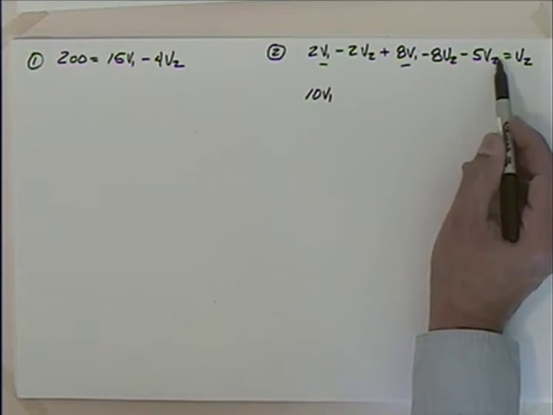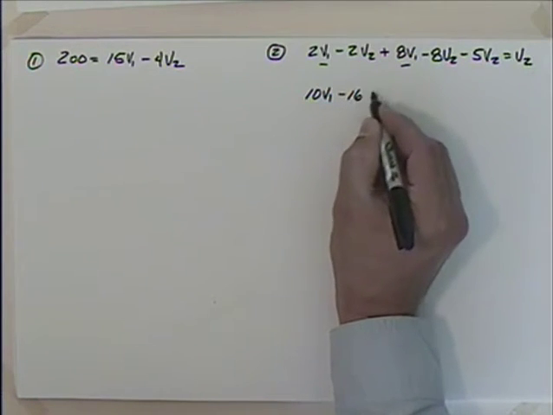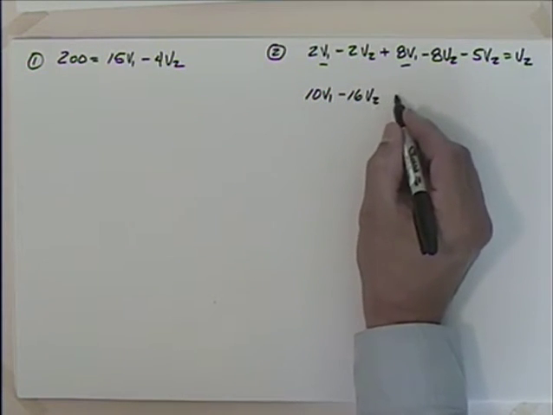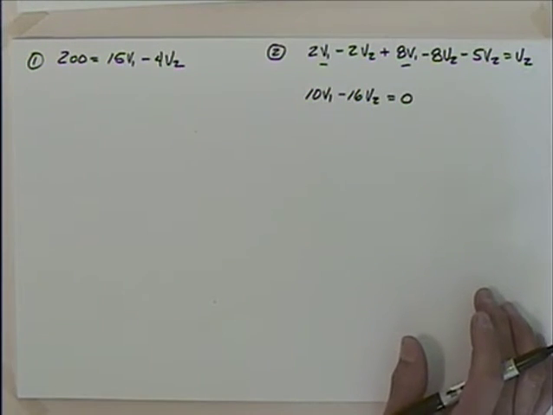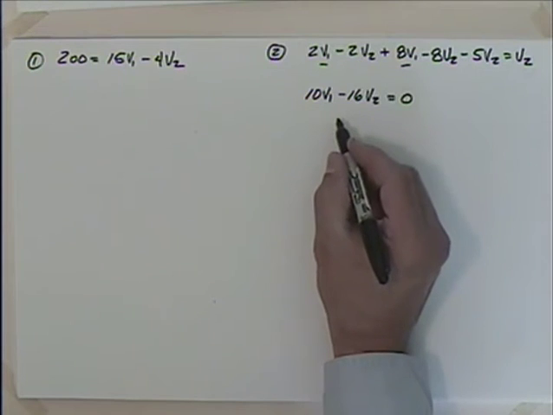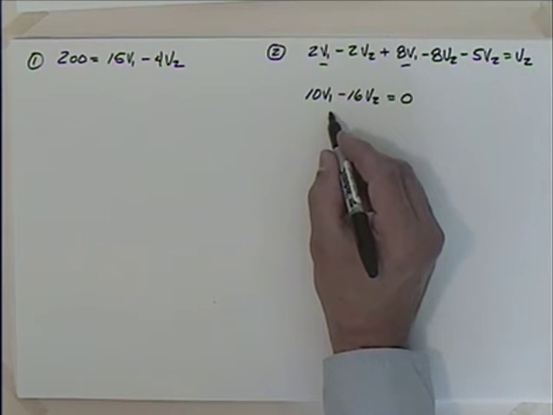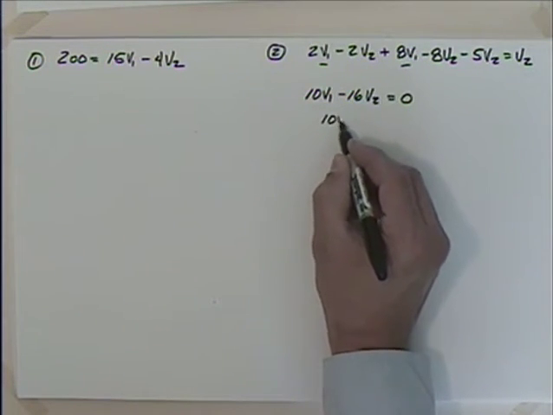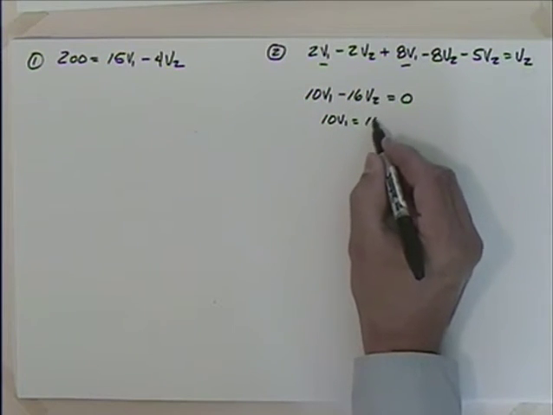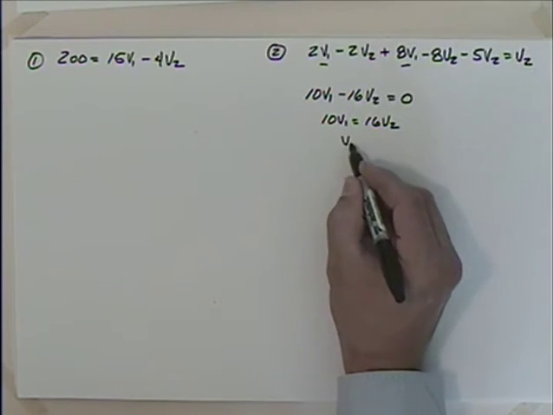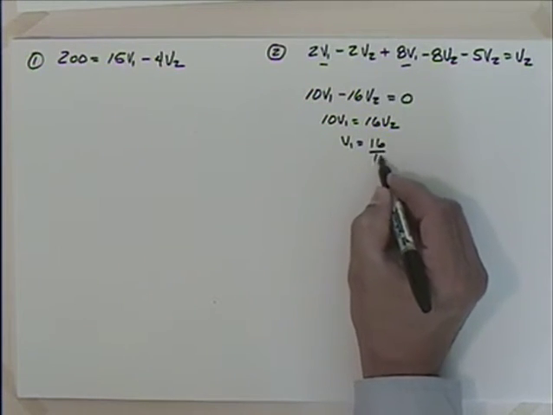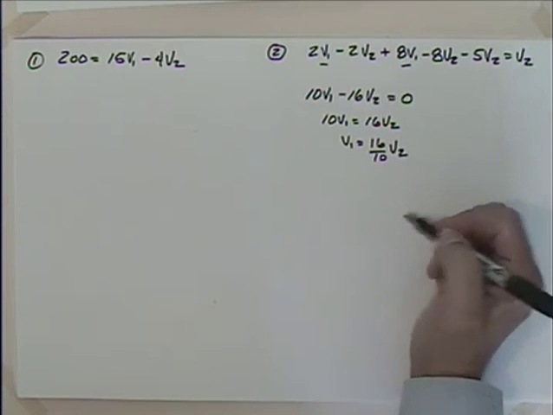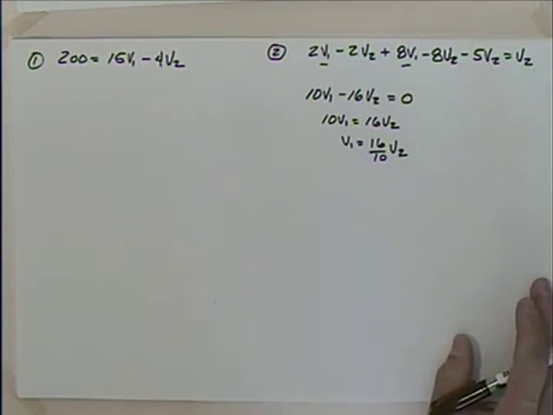And then one more coming over as negative is minus 16. v2 is equal to 0, right? So I could say then that 10 v1 is equal to 16 v2, or v1 is equal to 16 over 10 v2. Of course, that would be 1.6, but I think I'll leave it like that for simplification.